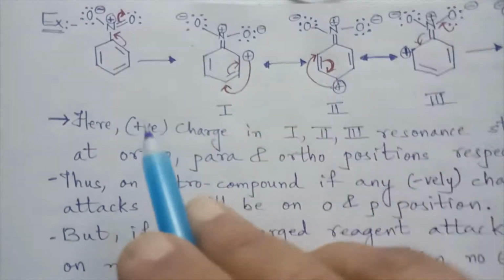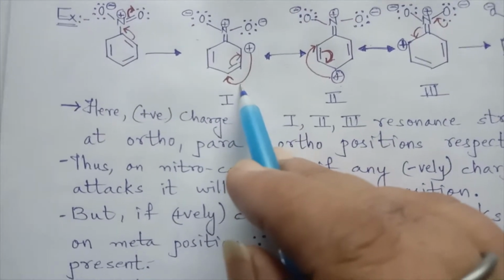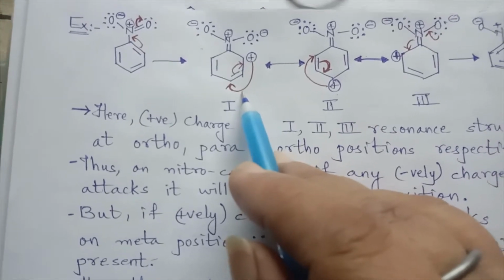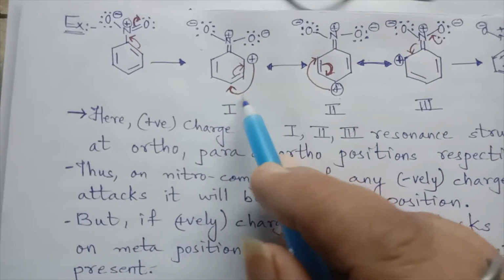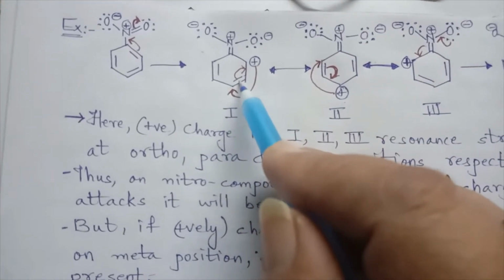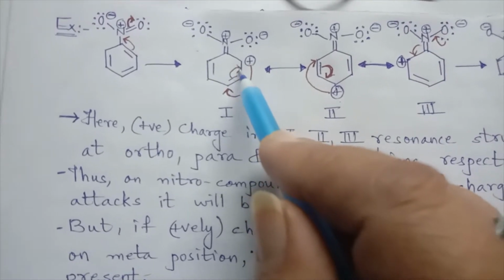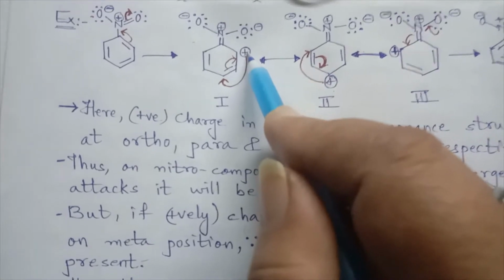And now see what takes place. In the plus R effect, both shifts take place simultaneously in the same direction. But here it will be opposite. This bond will now give rise to the shifting here, and simultaneously this will not go here.